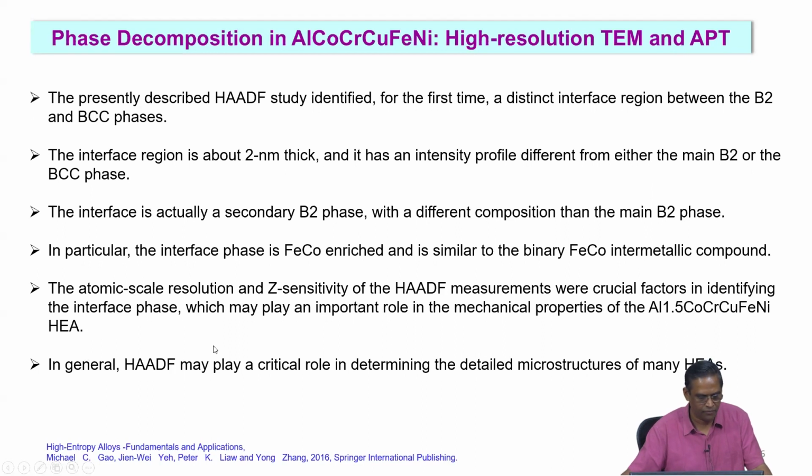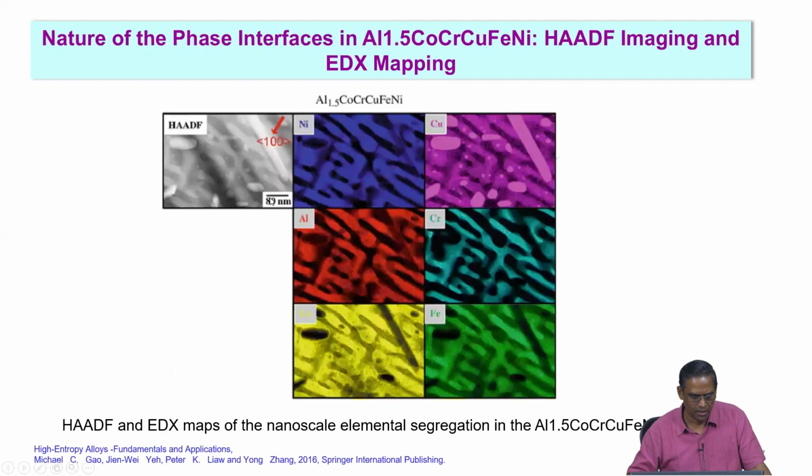So the HRTEM technique is very useful and very important in identifying this. And if you look at these phase interfaces, the nature of interfaces of similar alloys, again this HRTEM imaging and EDS mapping combination will be much more effective.